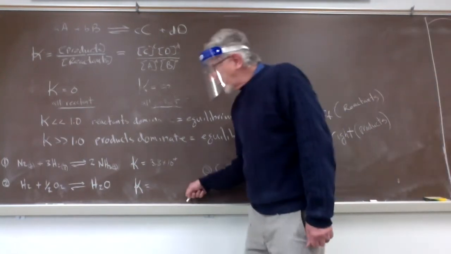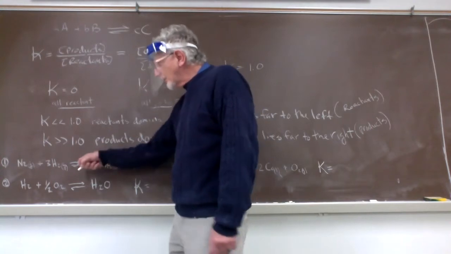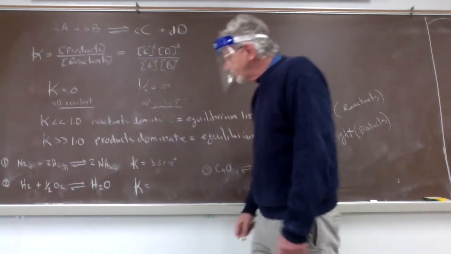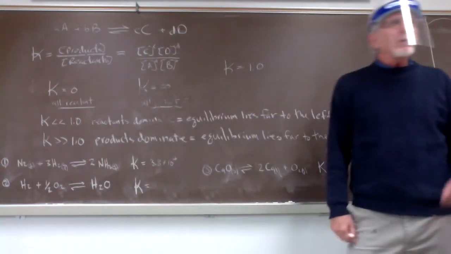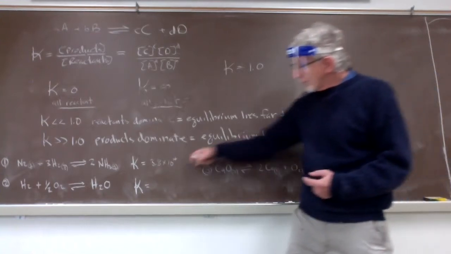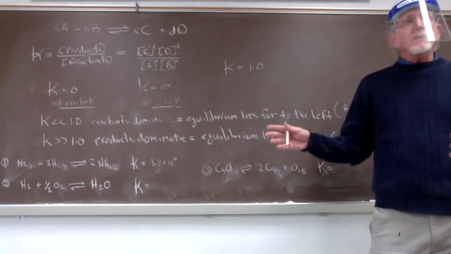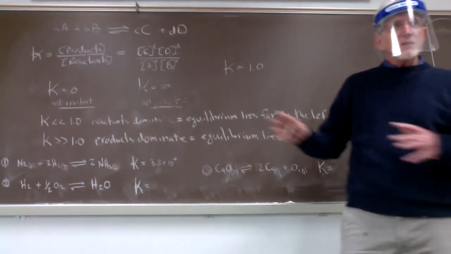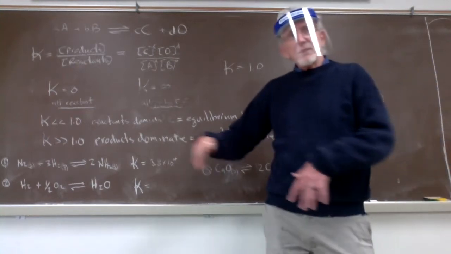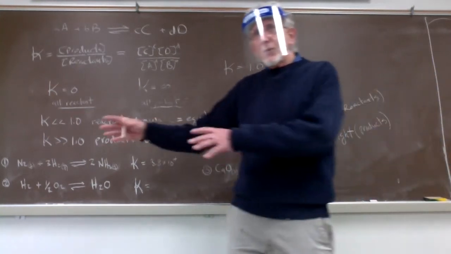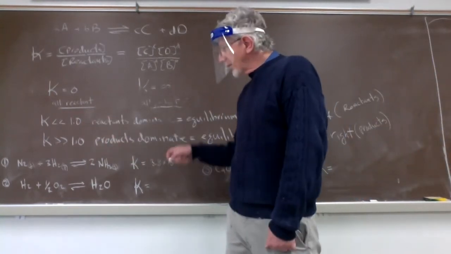So here are a few reactions. Nitrogen reacting with hydrogen to form ammonia. The equilibrium constant is 3.8 times 10 to the fourth power. What can we say about this chemical reaction once it's achieved equilibrium? Once it's completed its chemical journey, it's at home, it's at rest, it's where it wants to be at equilibrium.